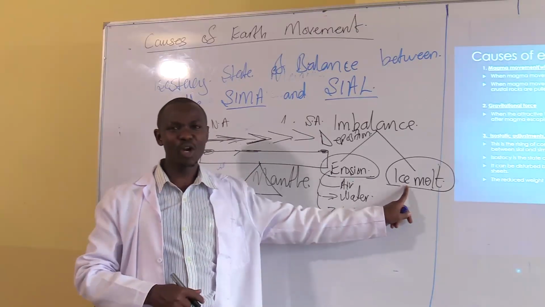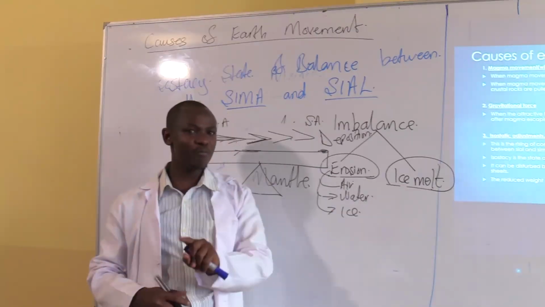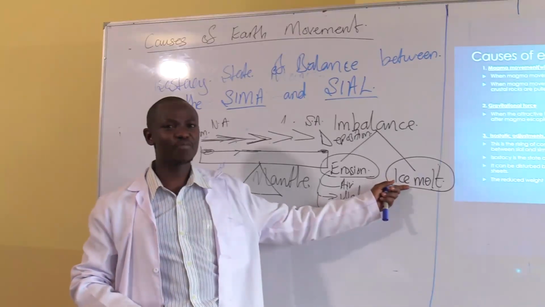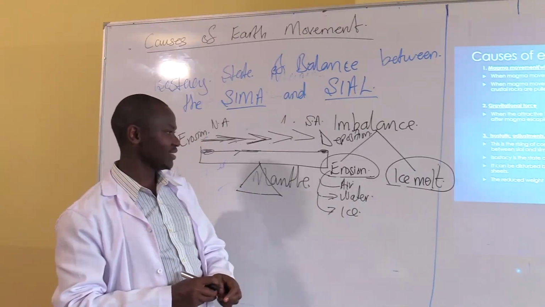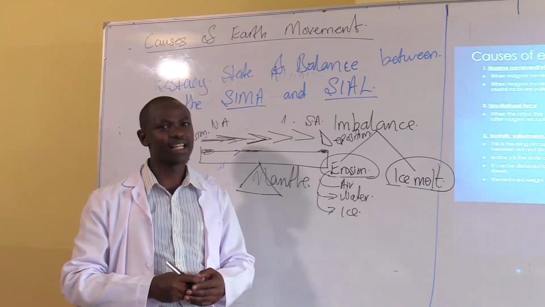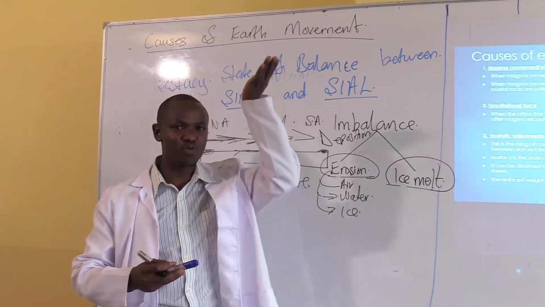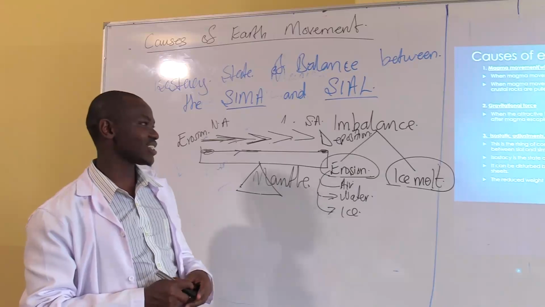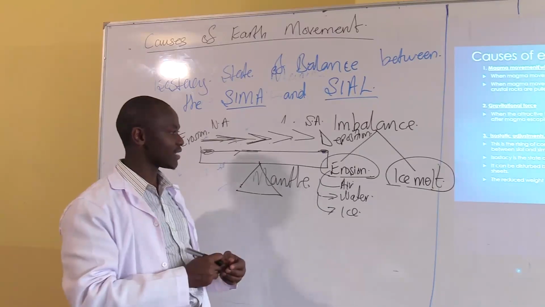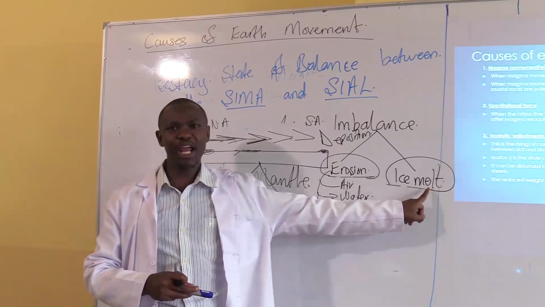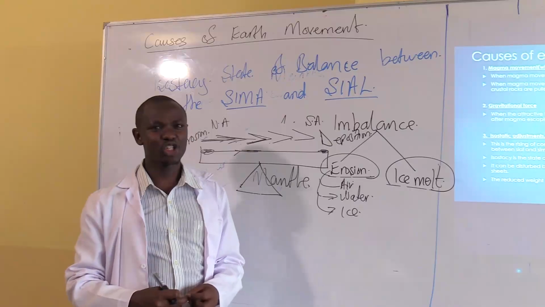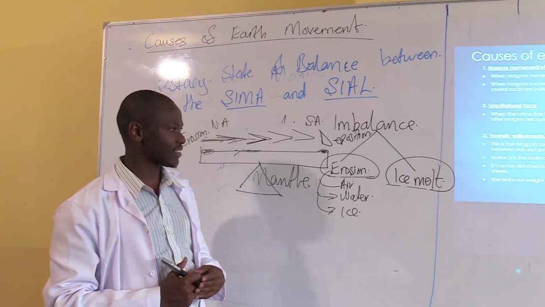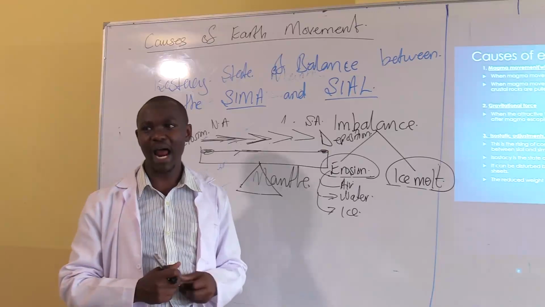When the ice accumulation melts due to the warmth in summer, that place becomes slightly lighter, making it adjust again and move upwards. That is all about isostatic adjustment and how an imbalance caused by erosion and ice melt leads to the movement of Earth's crust as it tries to seek balance.